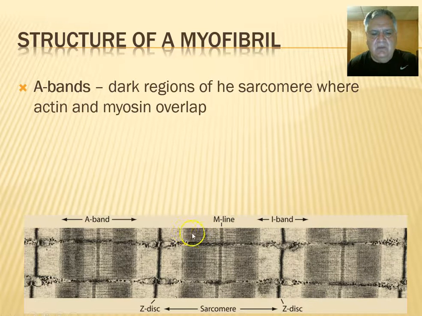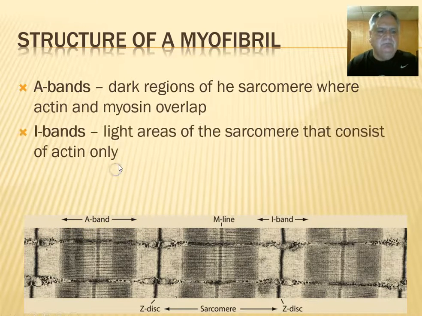So we can see here these dark areas right here. This is, if we think back to that artist's conception, where the actin is partially overlapping the myosin. On this side, and over here, you can see it's lighter here, and then it gets darker where the actin is partially overlapping the myosin. Now, it doesn't completely overlap the myosin, so you can see it gets a little bit lighter here. Okay, so this area where we have the overlap is referred to then as the A band.